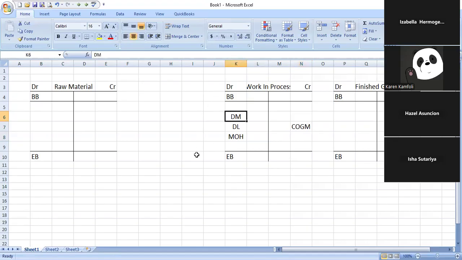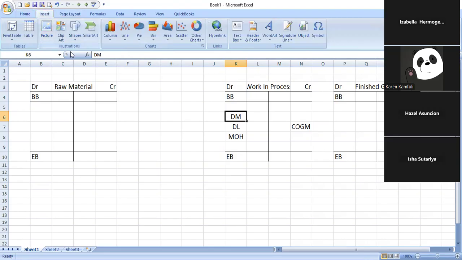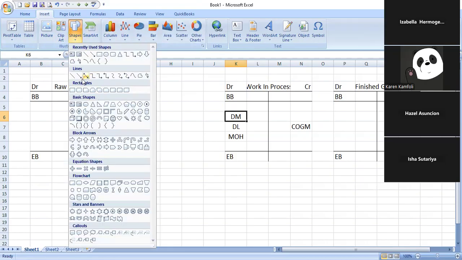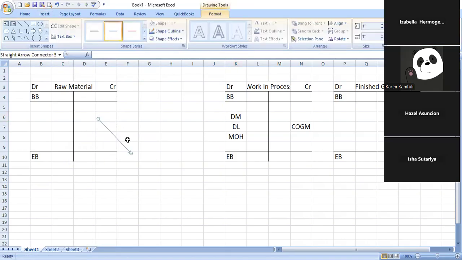Let's start with direct material. From where is the direct material going to come? Most likely from raw materials, right? Direct material is going to come from the raw materials.